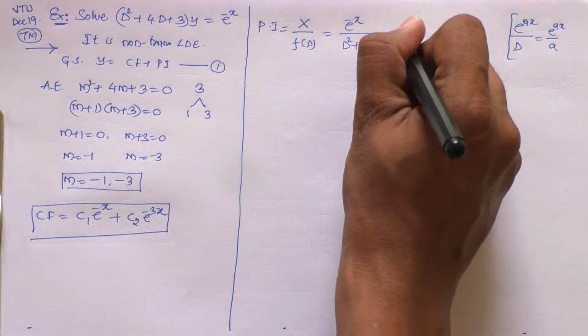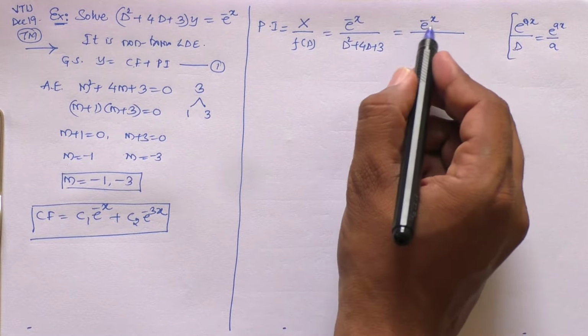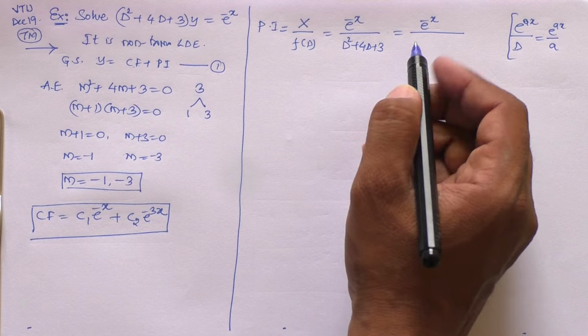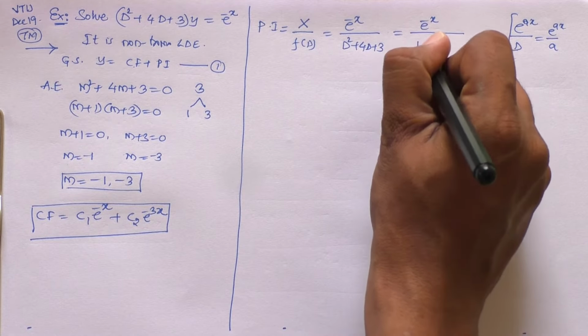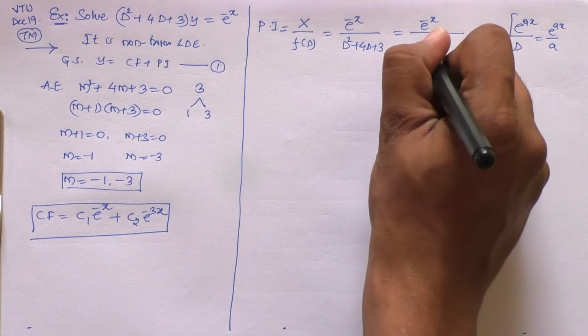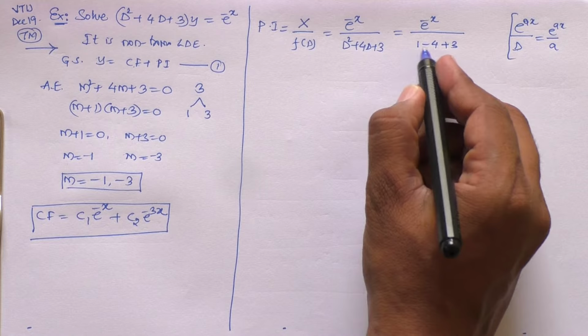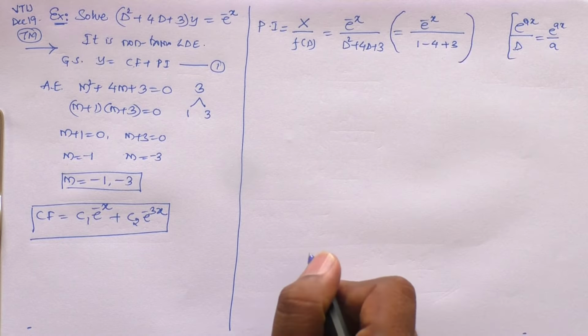So it can be written as e raised to minus x divided by, the multiple of x is minus 1 here, so a is minus 1. Now replace D by minus 1: minus 1 square is 1, 4 into minus 1 is minus 4, plus 3. So 3 plus 1 is 4, minus 4 is 0. So the denominator becomes 0, which means it is an indeterminate form.